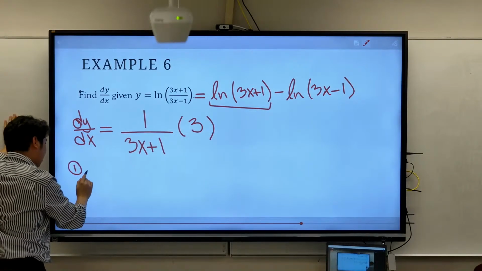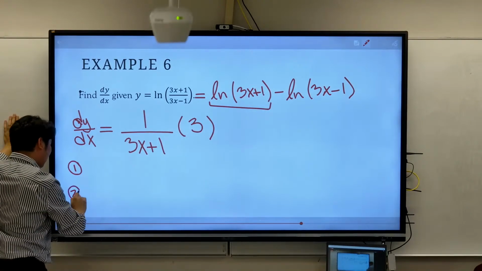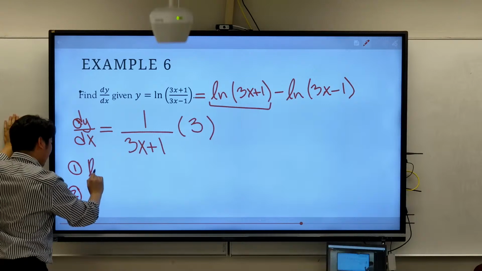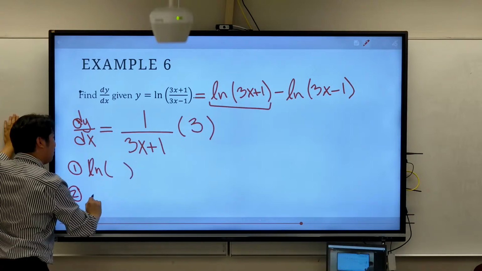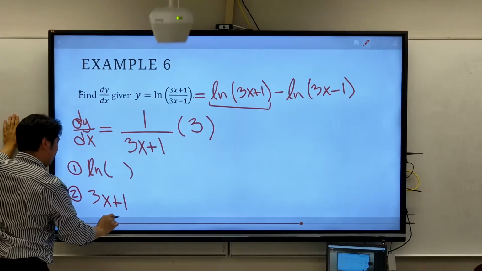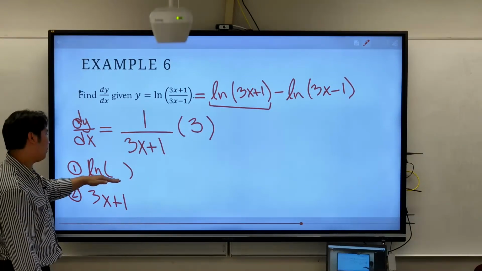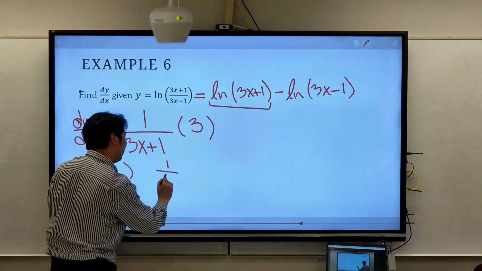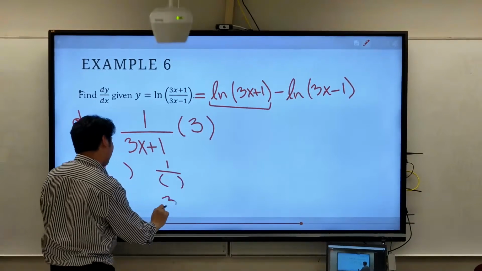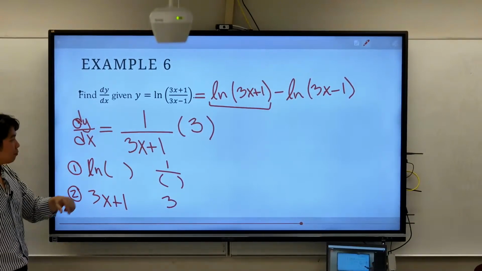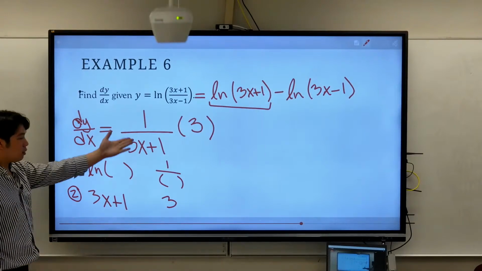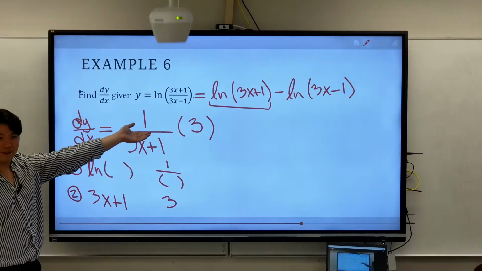Just to make it clear, layer number 1 is ln of something. Layer number 2 is 3x plus 1. So this is where I'm getting each derivative. Derivative of ln, it's 1 over that expression. Derivative of 3x plus 1, we get 3. So I'm done with the derivative of that first half.